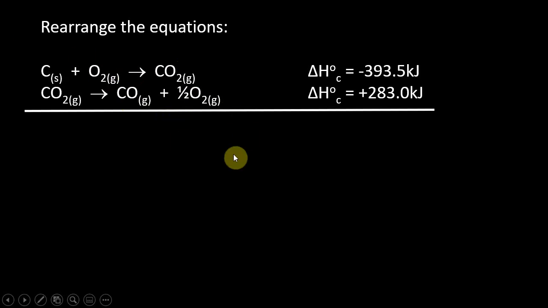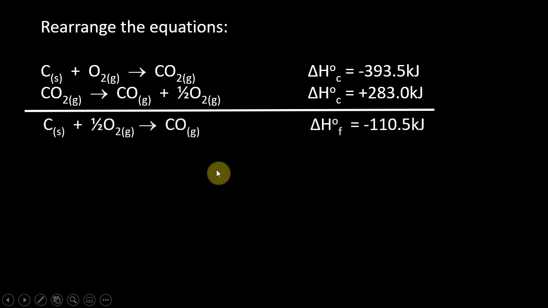So let's add these two together and see what we get. Carbon dioxides cancel. We're left with a carbon. One oxygen cancels with half of this oxygen, leaving a half oxygen. And then we have carbon monoxide on the product side, which then is our desired product.